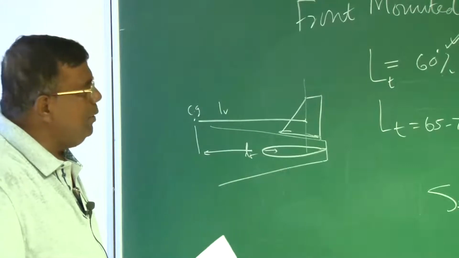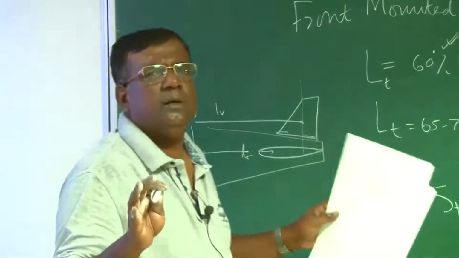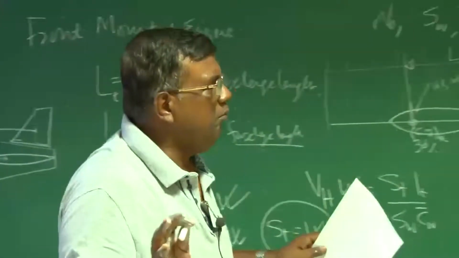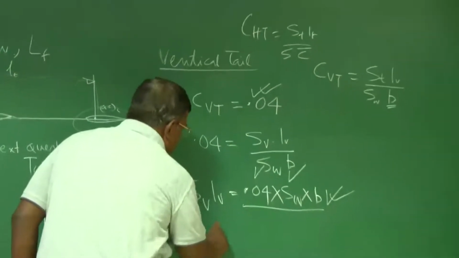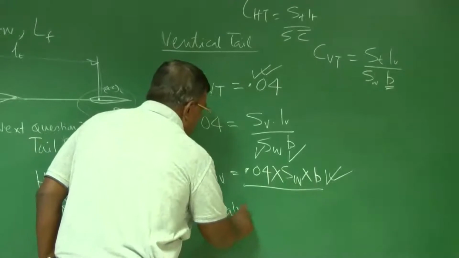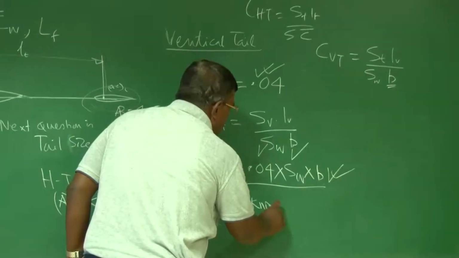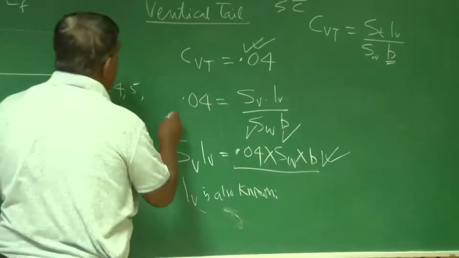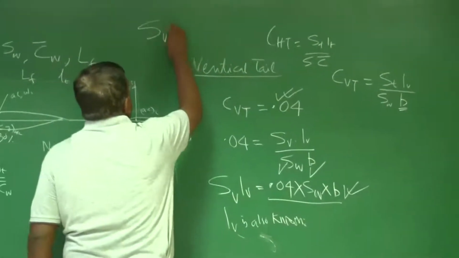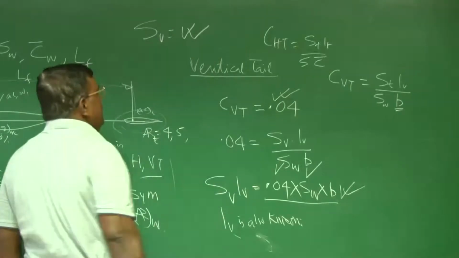But at a conceptual level, we will say, okay, both are same. I will not bother much. So in a sense, I am telling LV is also known. So I easily get what is SV. The vertical tail area also is known.